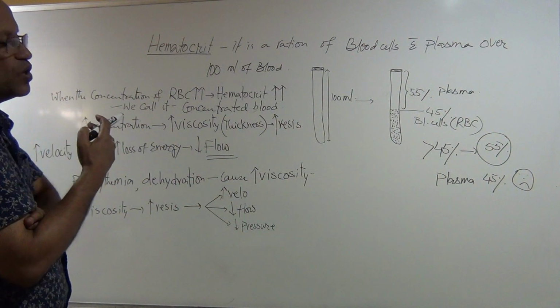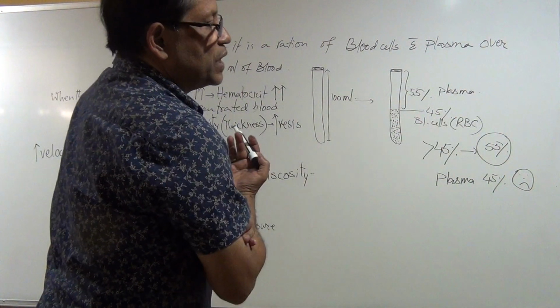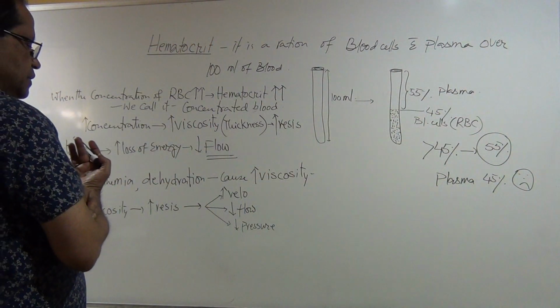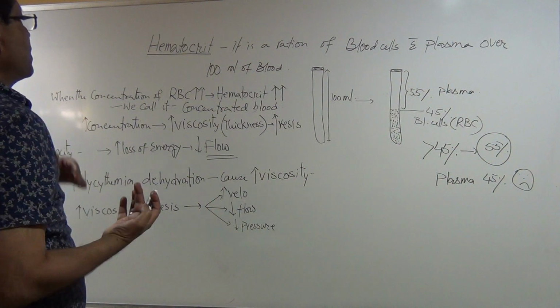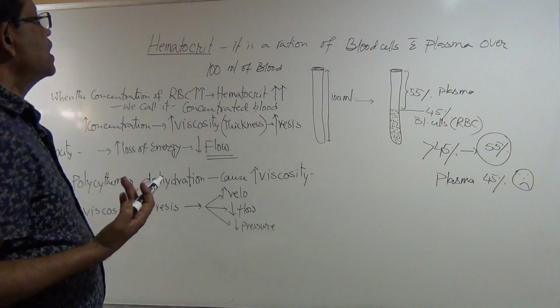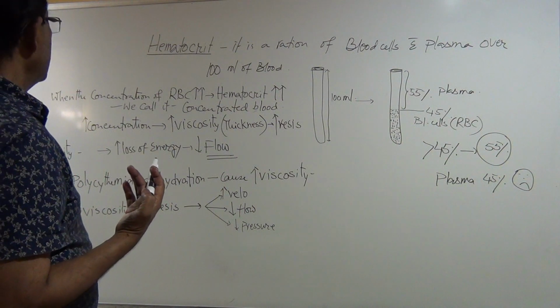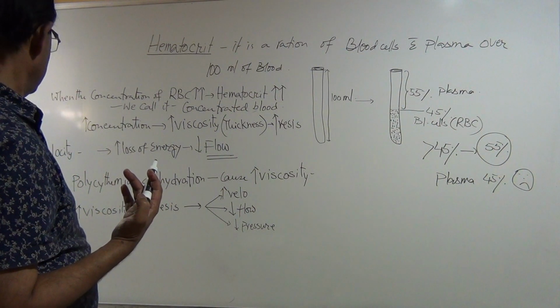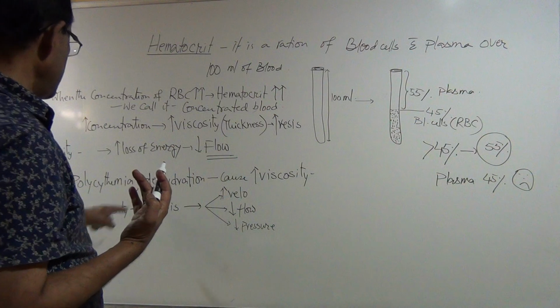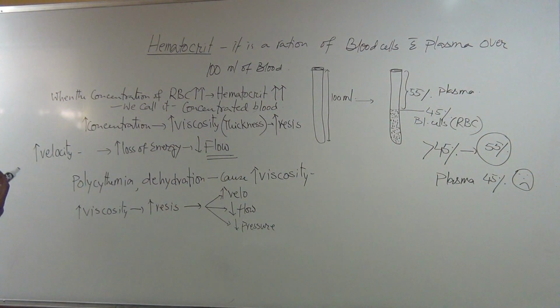The blood will not flow adequately. Okay, so this is hematocrit, and also you need to know that polycythemia and dehydration cause increased blood cells.